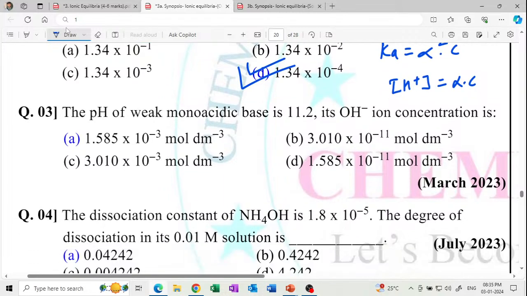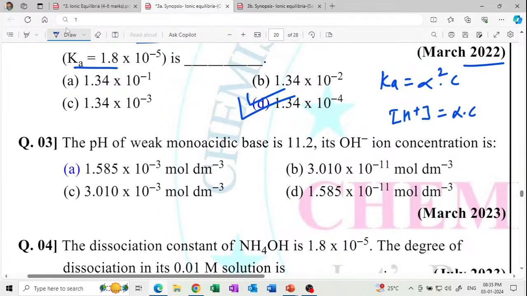Next is the pH of a weak monoacidic base. The pH is given as 11.2. What is the concentration of OH minus?